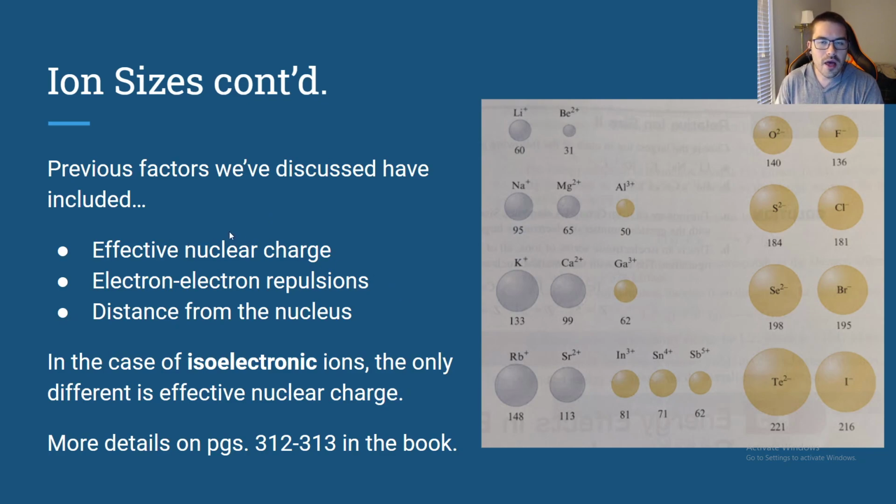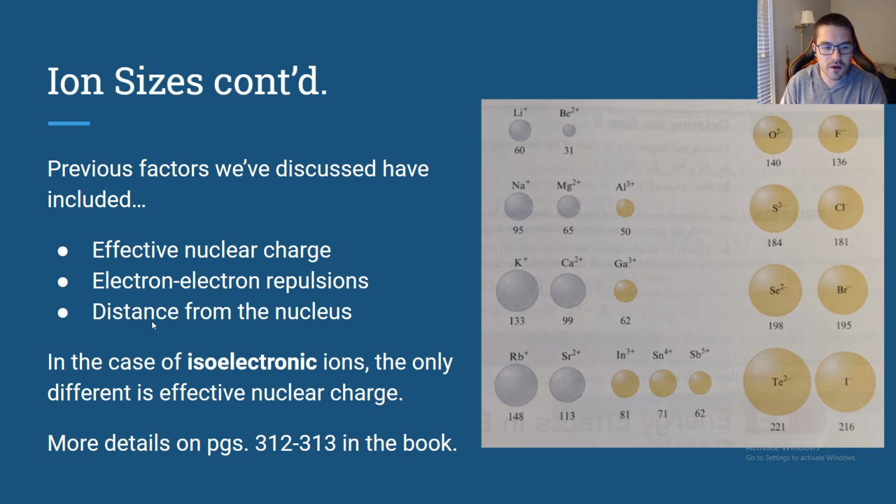Okay, so in the past, when we've tried to compare properties of different elements, we've tended to look at really 3 big things, right? Effective nuclear charge, the number of protons in the nucleus. Electron-electron repulsions. We looked at that. We drew those orbital diagrams to inspect where the electrons were and to see if there were any electron-electron repulsions going on that might be important.